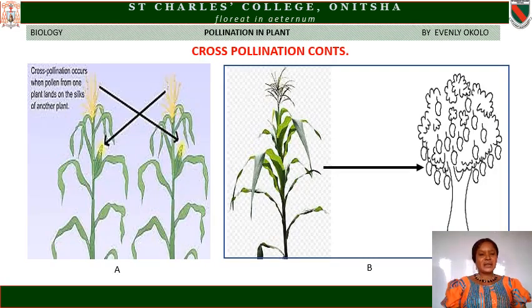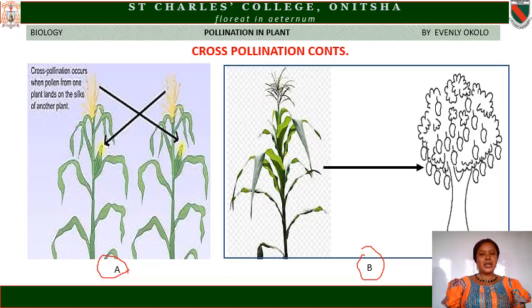Let's use another structure to explain cross-pollination. We have structures A and B here. In structure A, we have cross-pollination between 2 maize plants. And in B, we have cross-pollination between a maize plant and a mango plant.